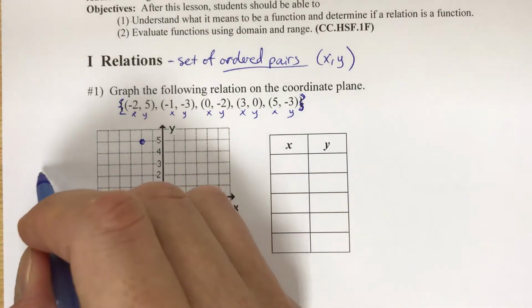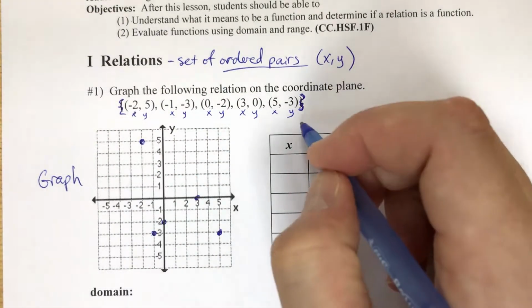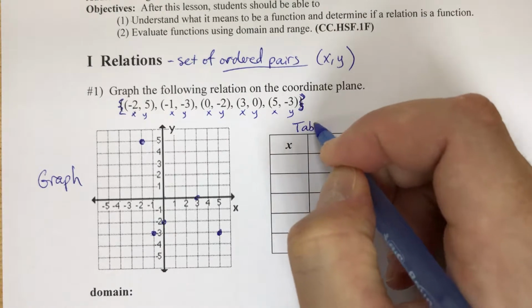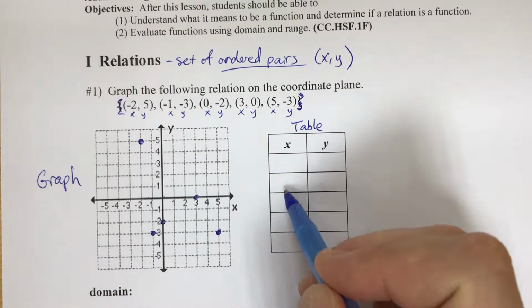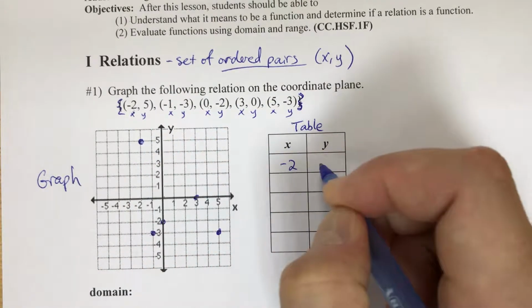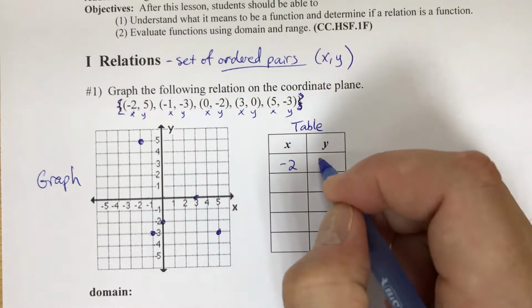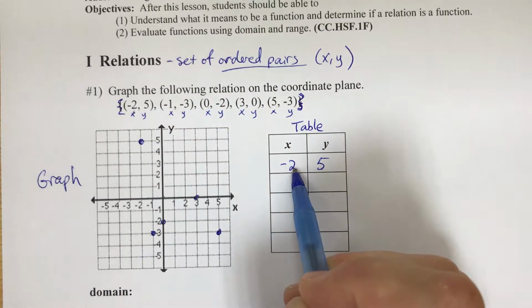We can also write the relation as a table of ordered pairs. We always put the x's on the left because those are first. So x is negative 2 and the y value is 5. The y value that matches to the x value is 5.